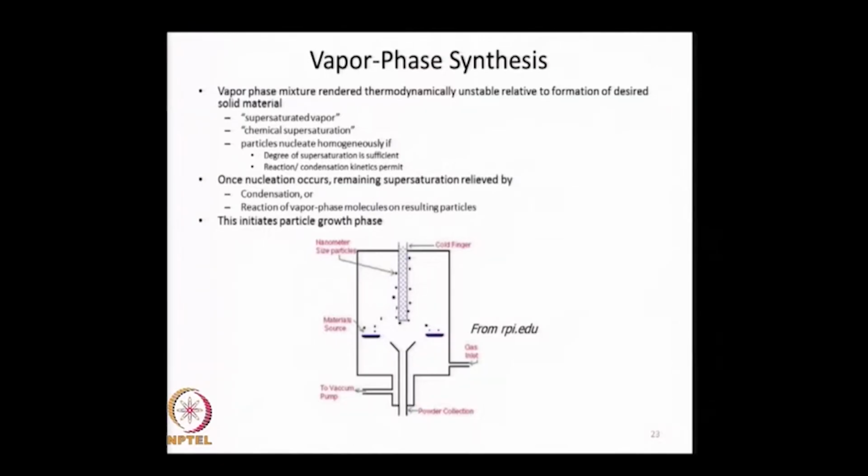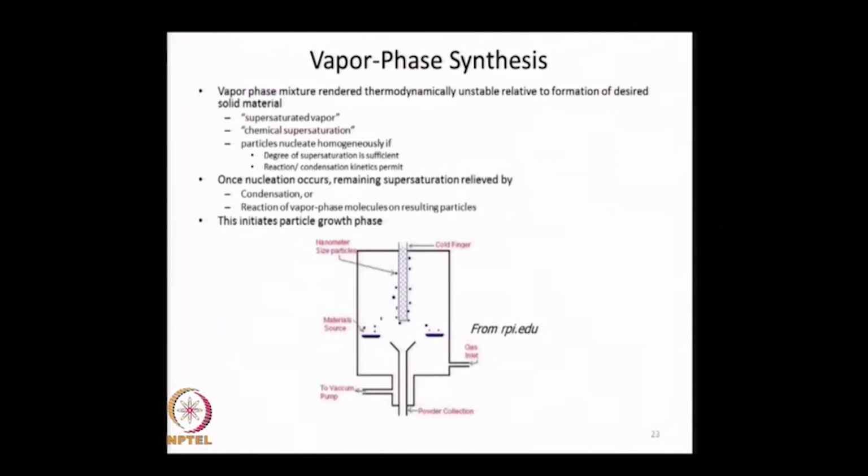Vapor phase synthesis, on the other hand, is one where you essentially saturate the vapor phase with the nanomaterial that you are trying to synthesize, and then you make it thermodynamically unstable, leading to the formation of the desired material.